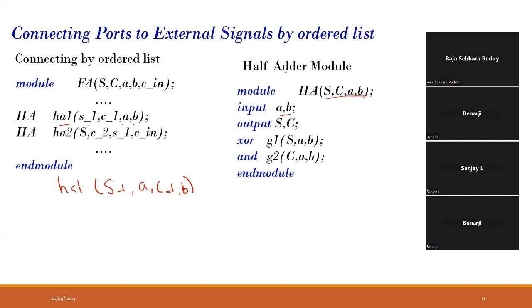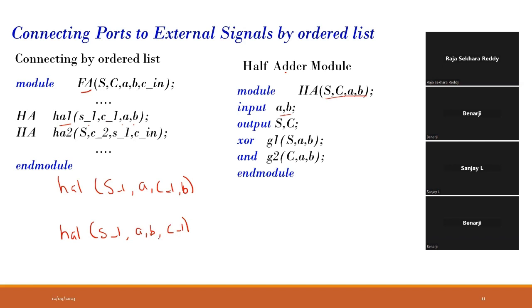So in the previous method, what was happening was in this full adder module, we are calling this half adder. And these variables which we are passing to this half adder module, we have to define in this same order. So suppose over here we wrote half adder 1 is S_1, A comma B comma C_1. Then what will happen? It will throw an error.